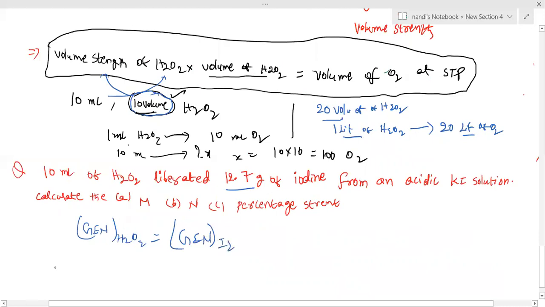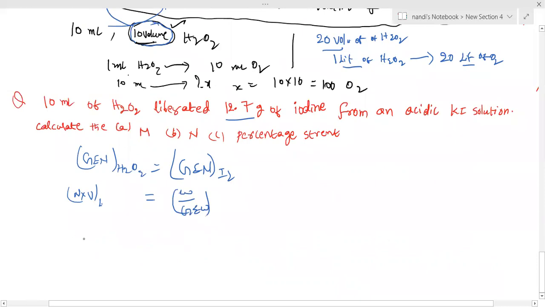Gn means normality into volume, and the volume should be in liters. This equals given weight by gram equivalent weight, because they mention weight. So normality, volume is 10 by 1000 to convert into liters, equals 12.7 by the equivalent weight of I2.